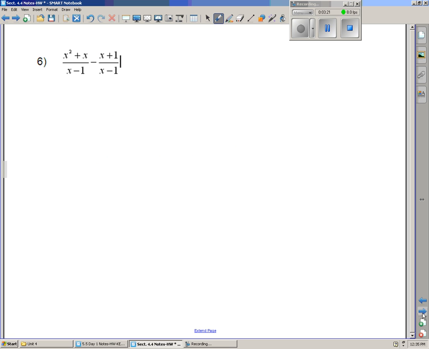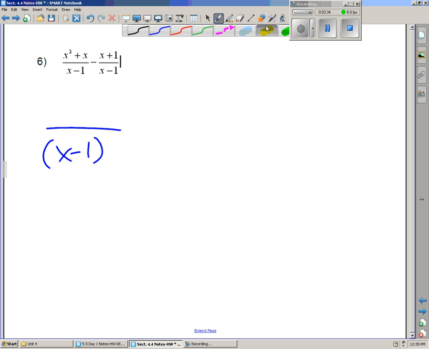Take a look at the next one. Here you've got subtraction. You've got to be super careful here. This has the common denominator of x minus 1. I'm going to put this in parentheses because I know it can't be factored. But when you do subtraction, you need to remember that you're subtracting everything in that second polynomial. So I'm going to write this a little bit differently.